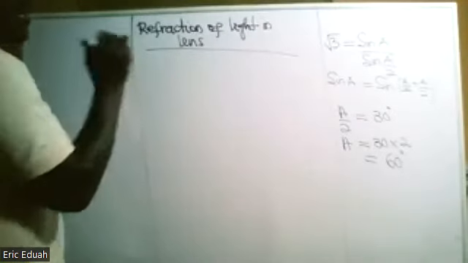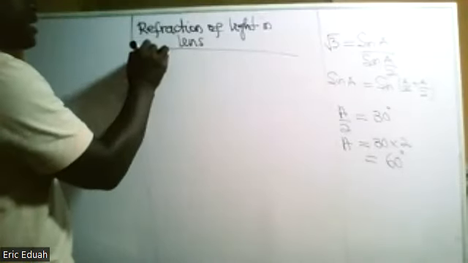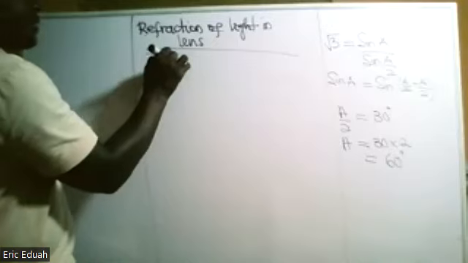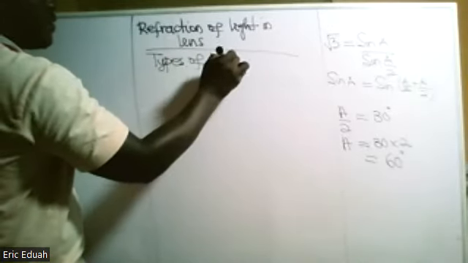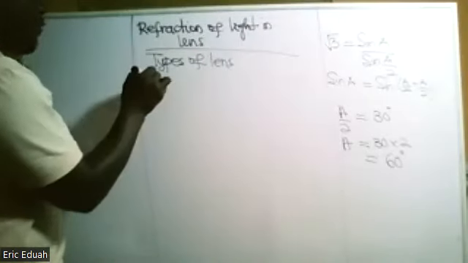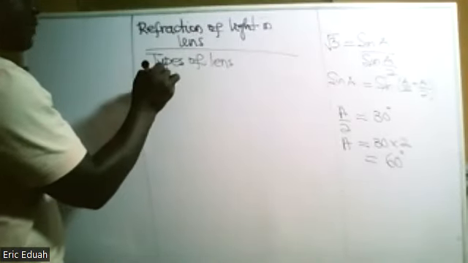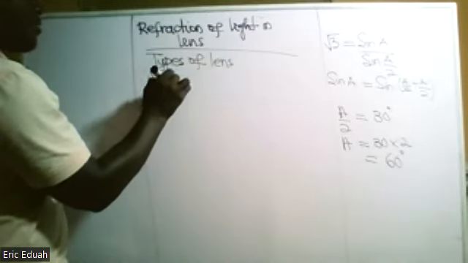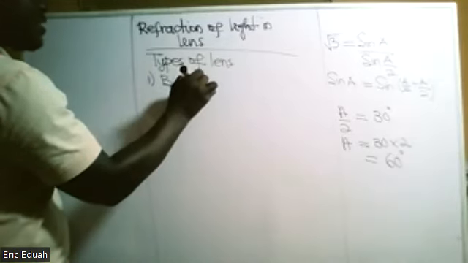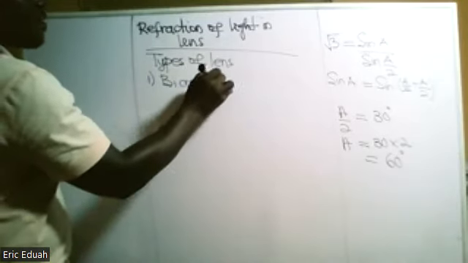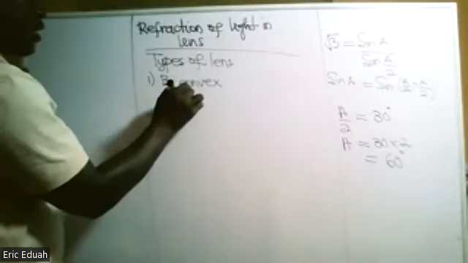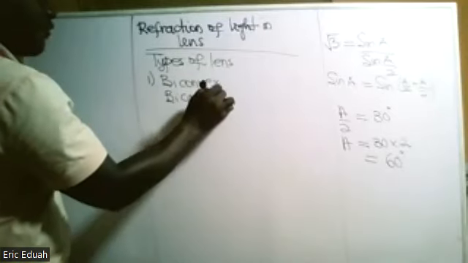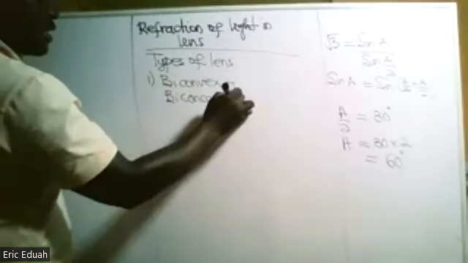Now, let's look at the various types of lenses. We have what we call biconvex and biconcave lenses.